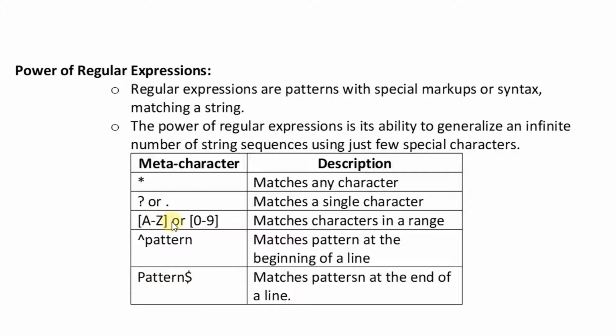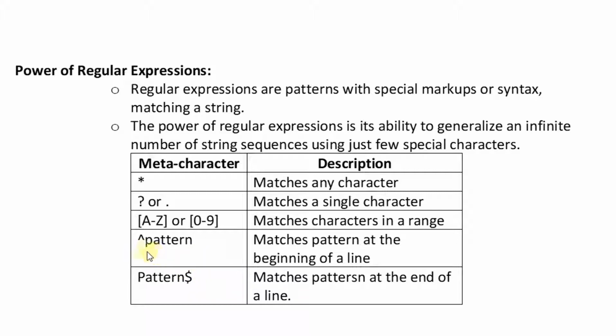Or you can also specify a range of digits to go from whatever number that you would like to range between. In this case, I'm ranging between 0 through 9, which would count all the numbers from 0, 1, 2, all the way through 9. You can also specify a certain pattern by requesting that pattern to be matched either at the start of a line using this caret symbol, or at the end of that line using this $ sign.